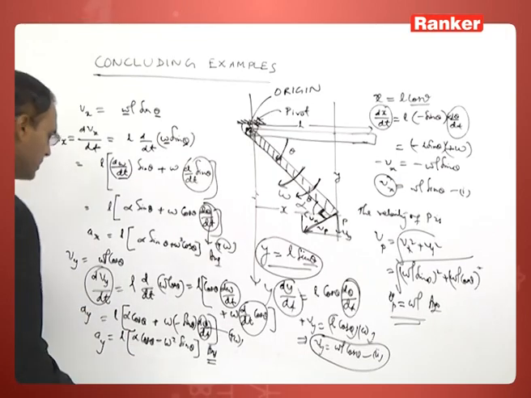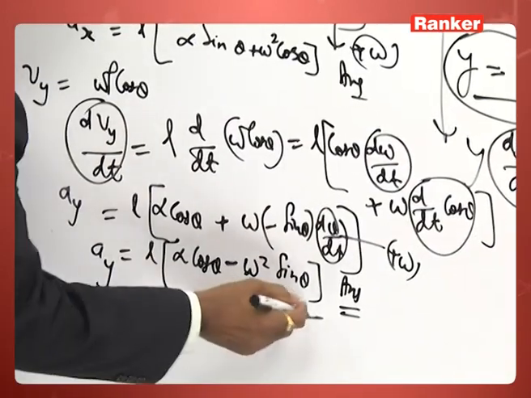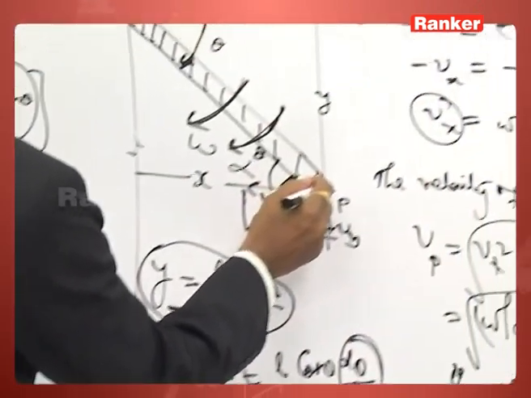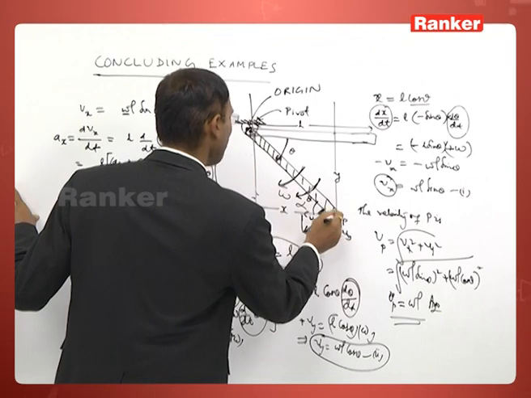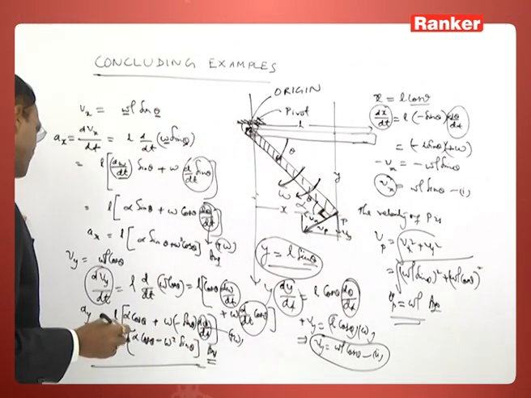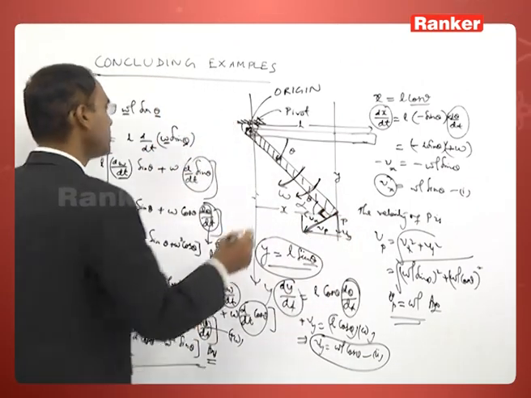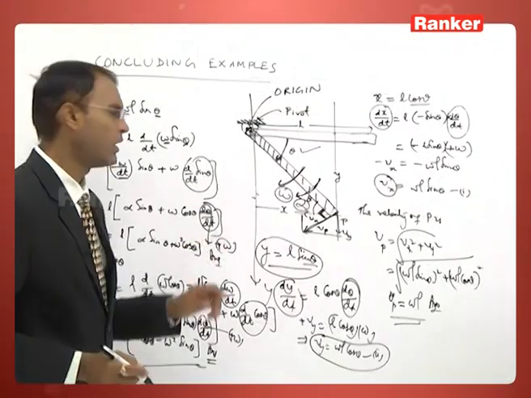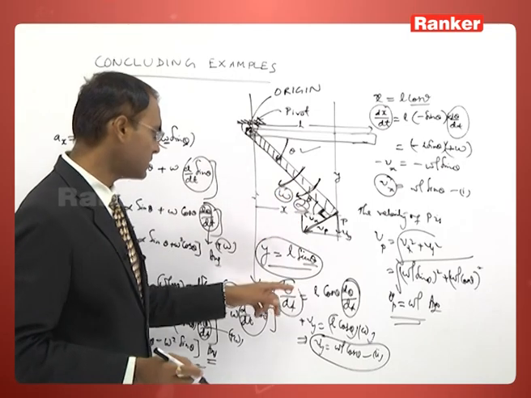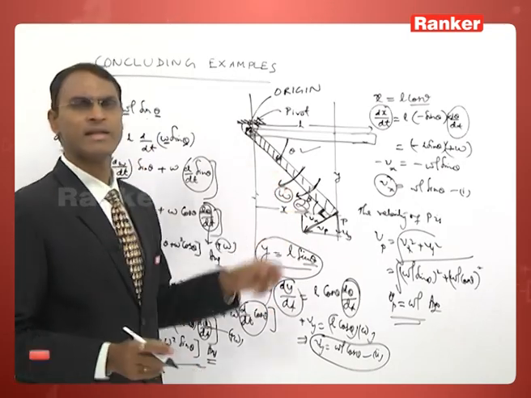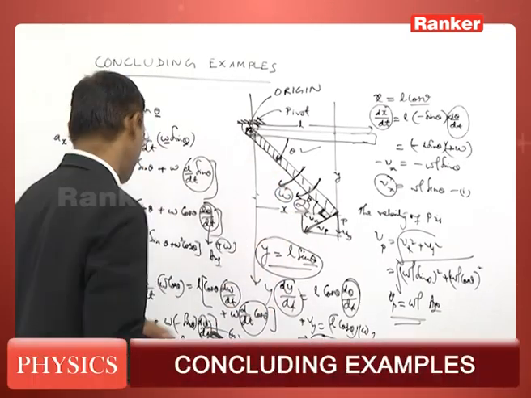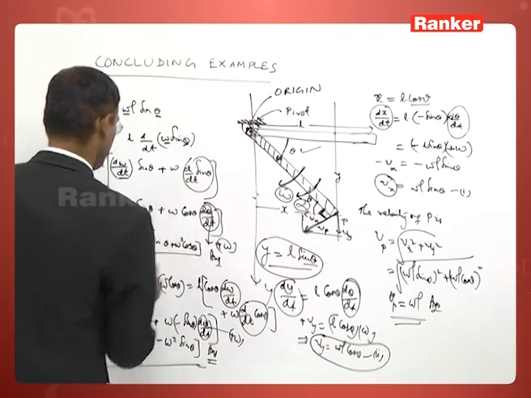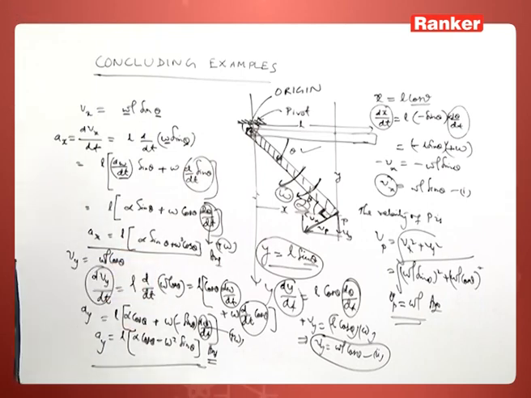If I ask the question, what is the acceleration of this particle at the point P, the end point of the rod, as a function of theta, when omega and alpha are the angular velocity and angular acceleration at that position. This is a_y and this is a_x. It is not 0.